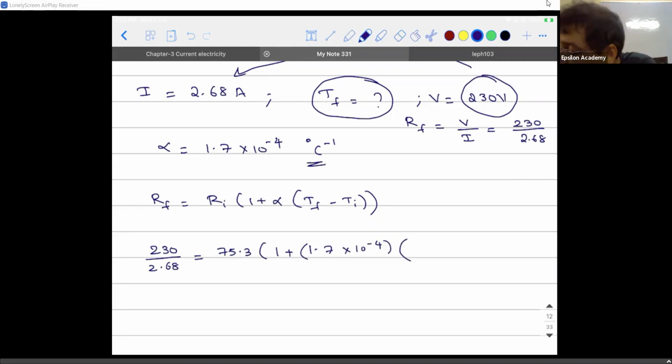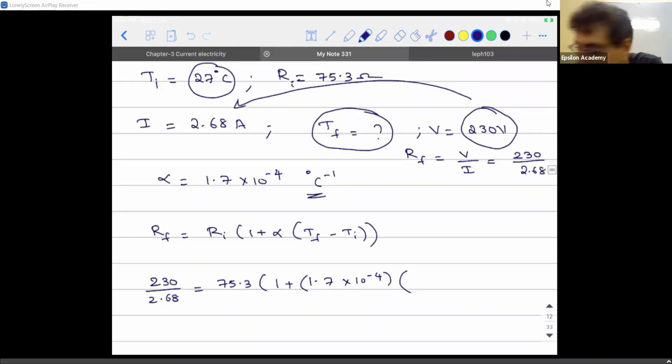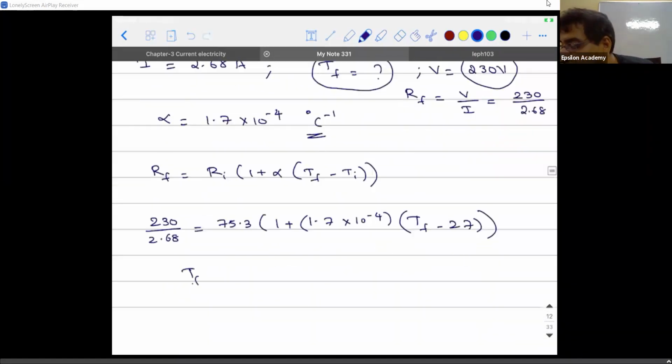Since this is in terms of degrees Celsius, you can leave this also in degrees Celsius because you are finding the difference. Dimensionally balanced equation. From this you can find the value of TF because you have one unknown and one equation. This part I am leaving to you.